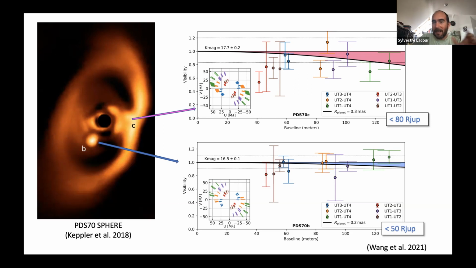And we use that as a ratio of incoherent flux between the exoplanet and the star. And that gives us the equivalent of visibility 1.